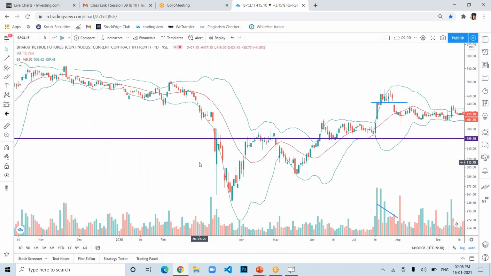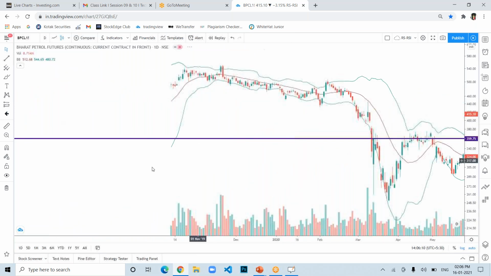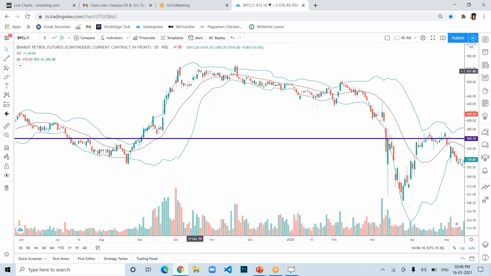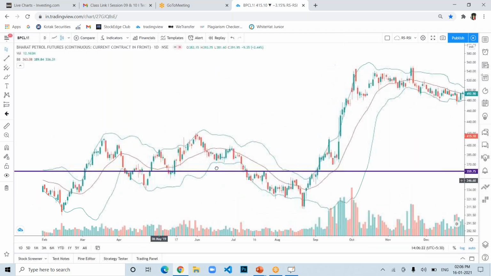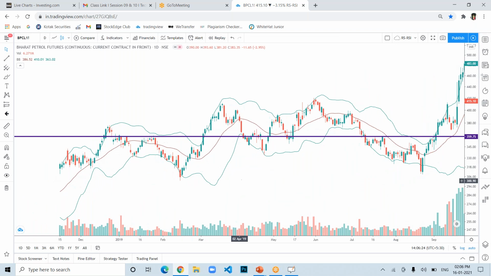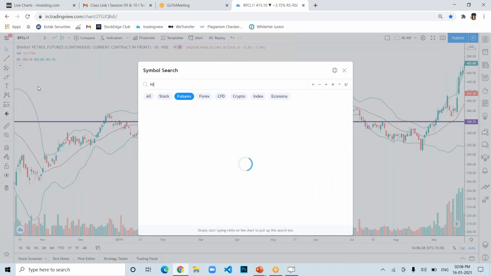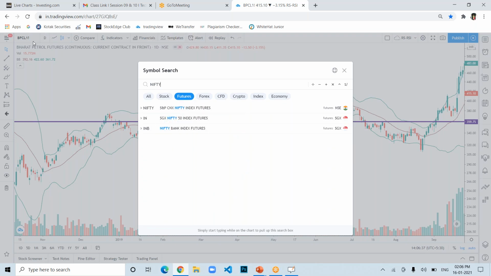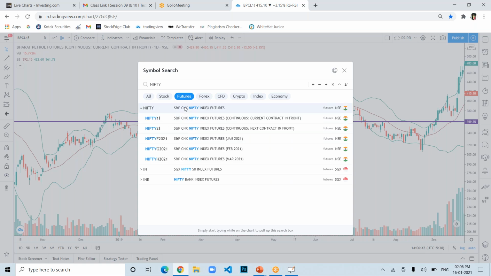Let me show you an area where there is no volatility divergence. Oh, this is not an M. We have to first identify an M. Let's check out Nifty. We will take up the trade, Atulji, where there is a volatility divergence.